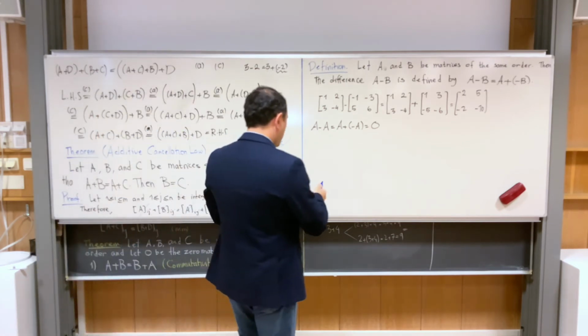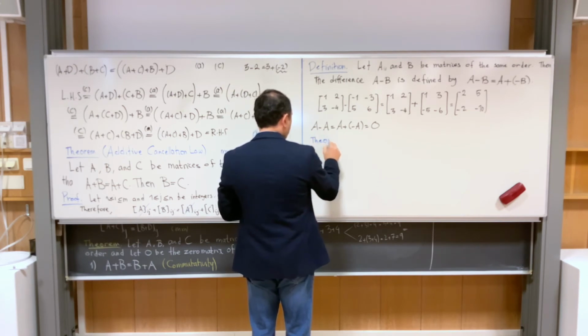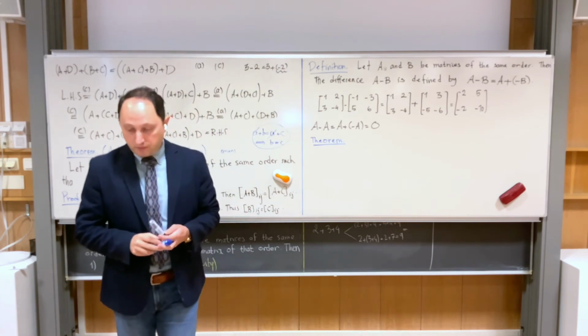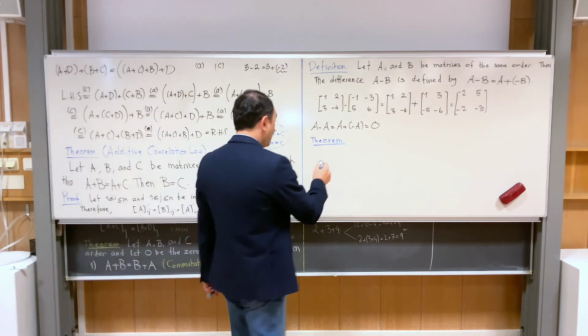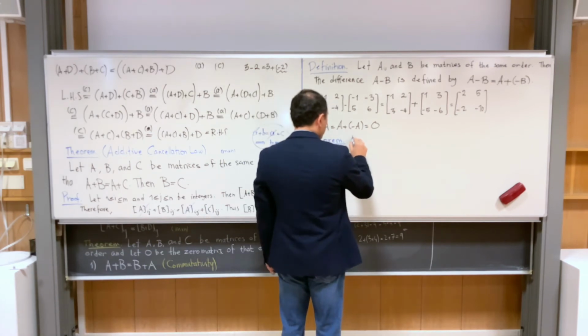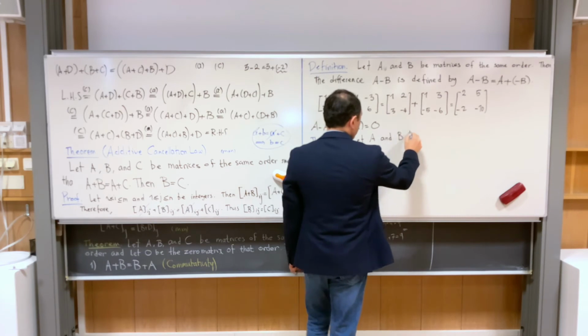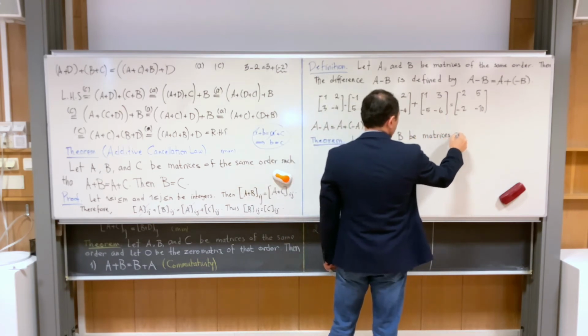So I want to also express another theorem here. Again, this is also very simple and looks obvious. So let me write this here. Let A and B be matrices of the same order.